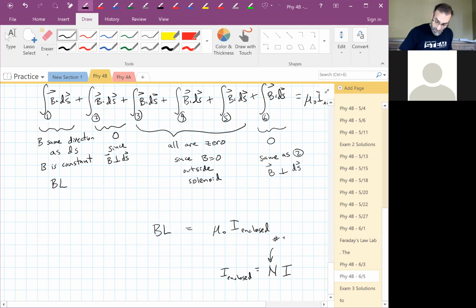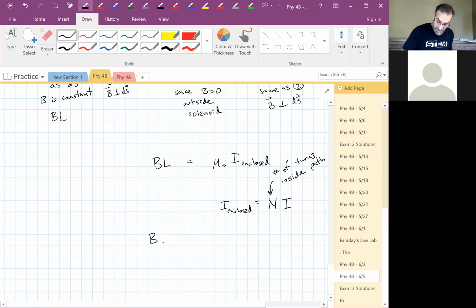That's the number of turns inside the path. I've got B times the length is mu naught capital N I. And I divide both sides by L. I get the magnetic field inside a solenoid is some constant times N I over L. That's what you got when you did your lab.